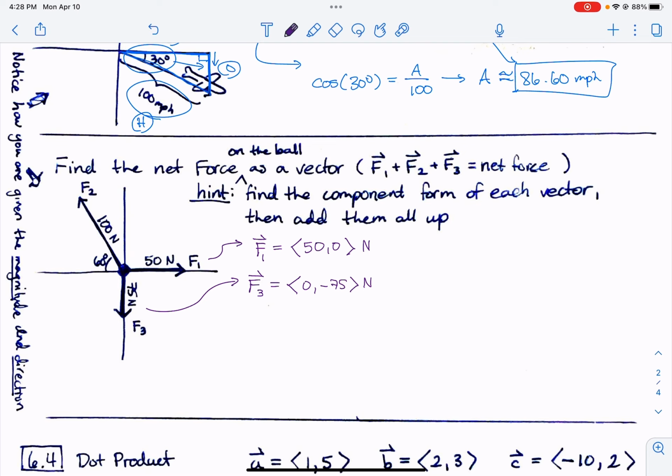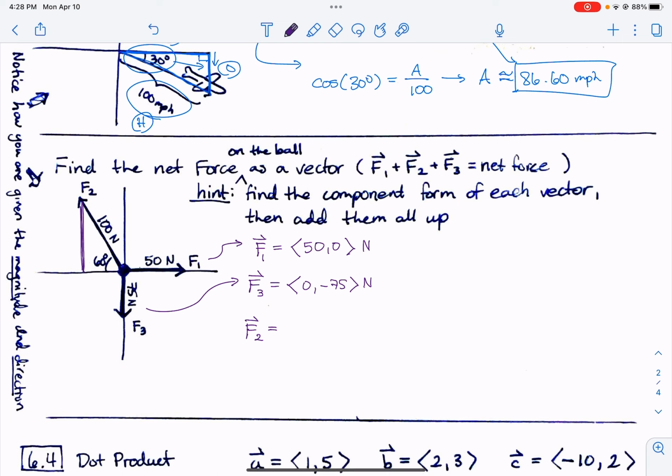And F2 is going to be a little bit trickier, right? So for F2, we have to, again, use some SOHCAHTOA. Now, one thing you could do is if you get the standard angle, there's a really nice little formula. We know this reference angle is 60, but if you don't want to have to think about what's positive, what's negative, here's a nice little trick.